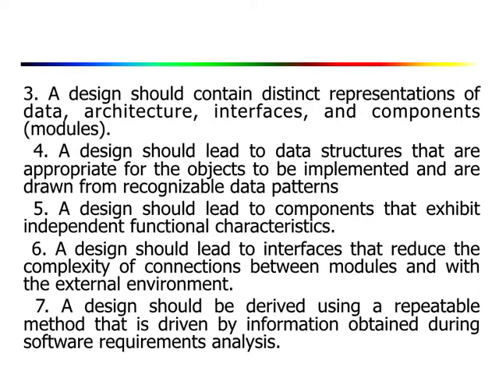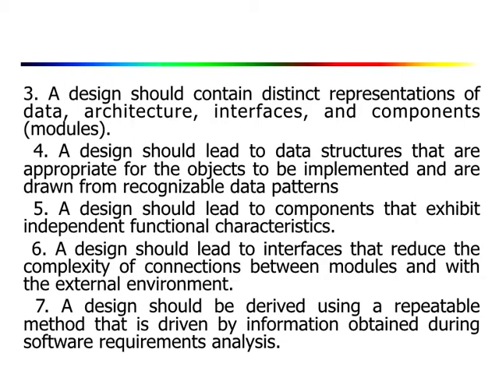Then the fifth technical criterion is that a design should lead to components that exhibit independent functional characteristics. That is, we are dividing the system into different modules or elements, and these elements should have independent functional characteristics. Then the sixth technical criterion is that a design should lead to interfaces that reduce the complexity of connections between modules and with the external environment.